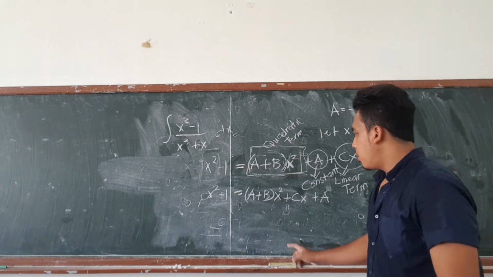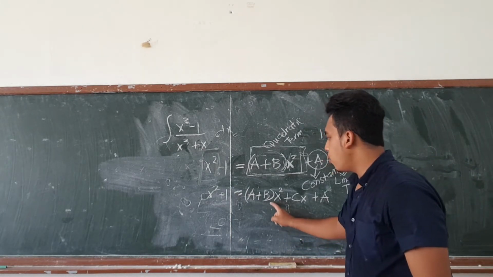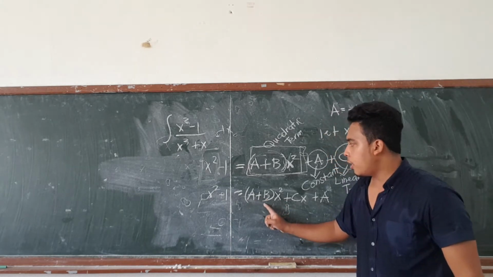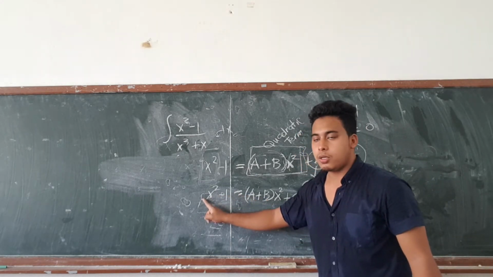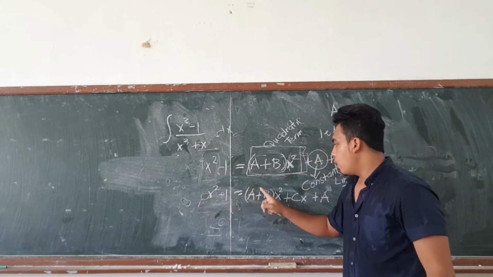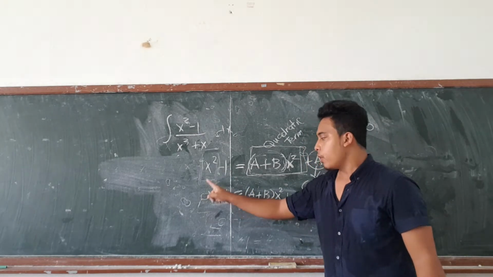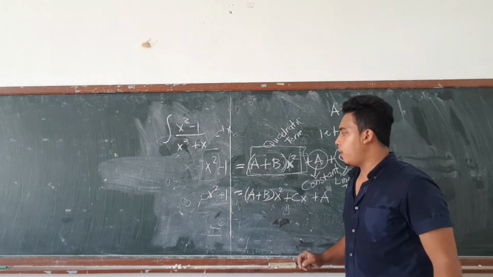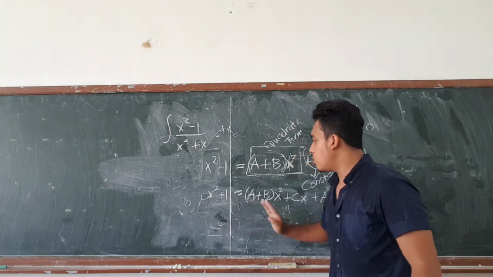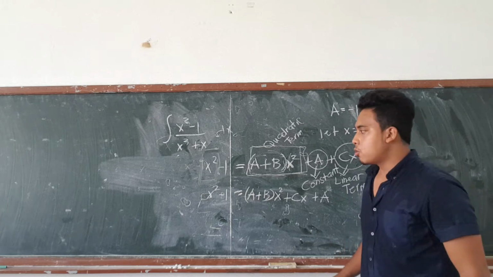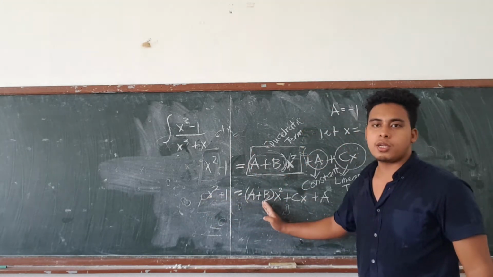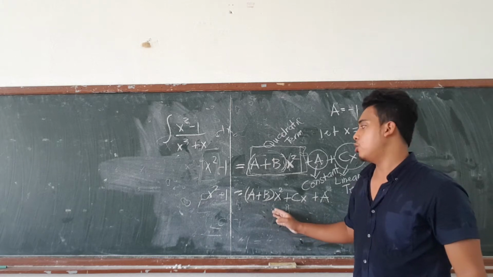Since the numerical coefficient of this quadratic term is a plus b, then this quadratic term is equal to this quadratic term, because this equation and these equations are equal. So the quadratic term of this equation is equal to the quadratic term of this equation.